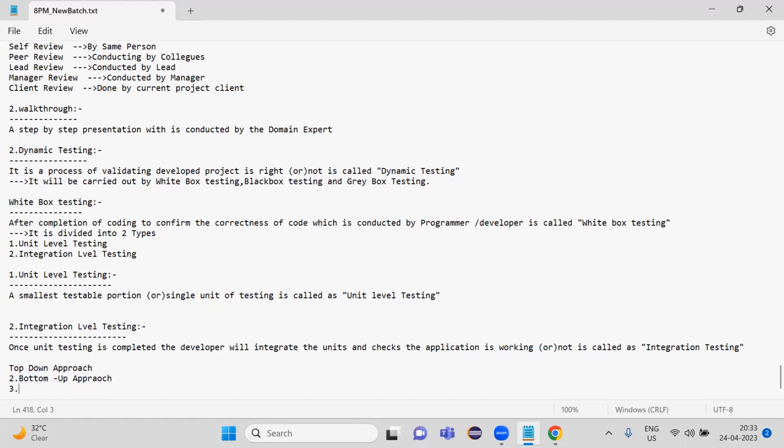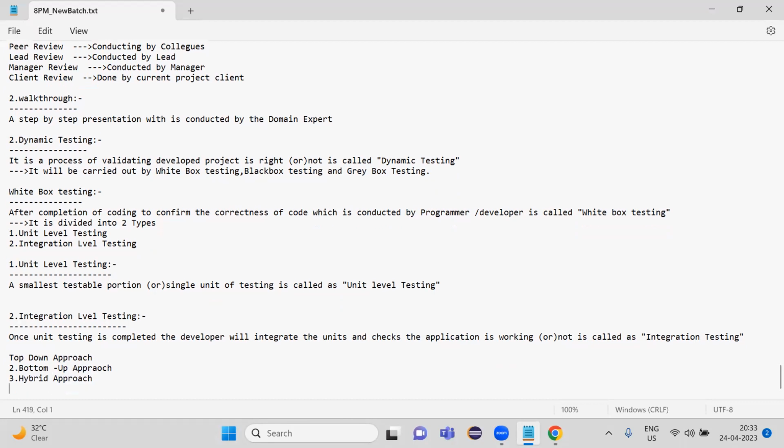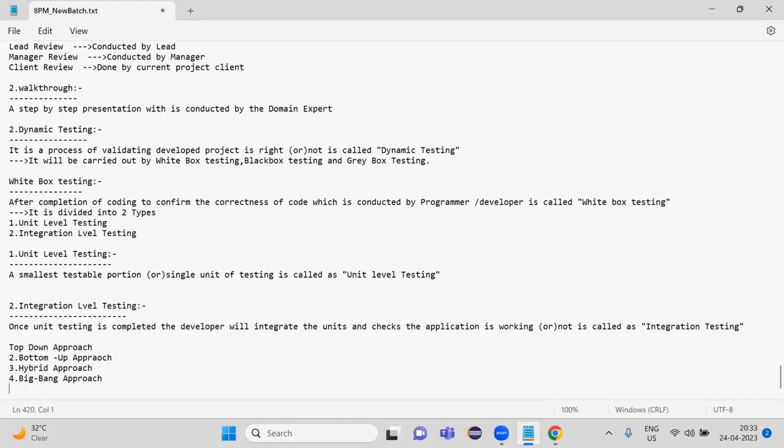Third one is hybrid approach. And fourth one is big bang approach. How many approaches are there? We have 4 types of approaches: top down approach, bottom up approach, hybrid approach, and the big bang approach. What is meant by top down approach, guys?